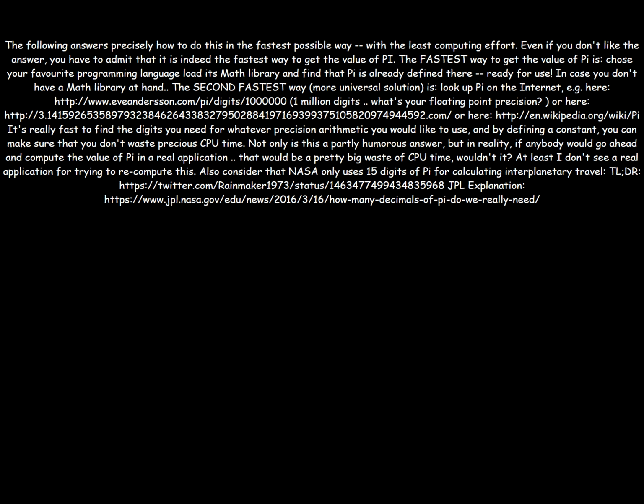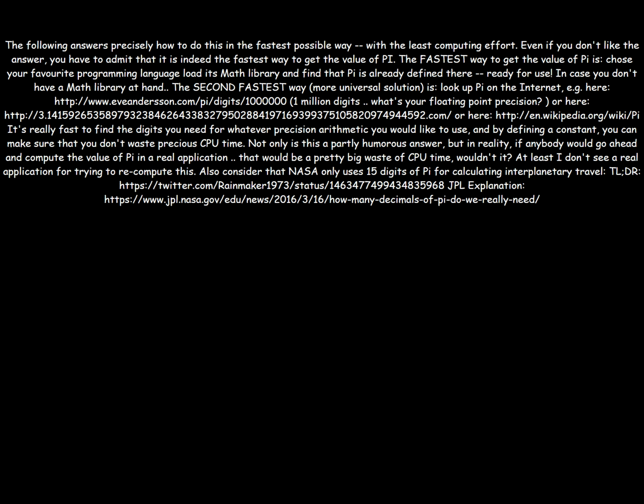Or here, or here, en.wikipedia.org/wiki/pi. It's really fast to find the digits you need for whatever precision arithmetic you would like to use.